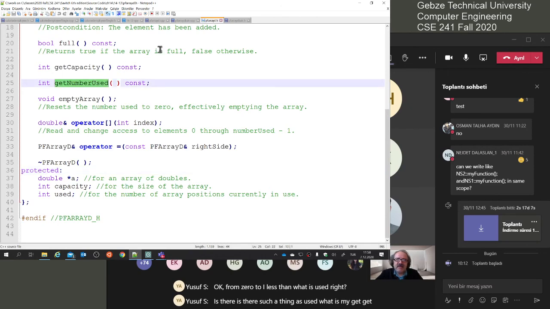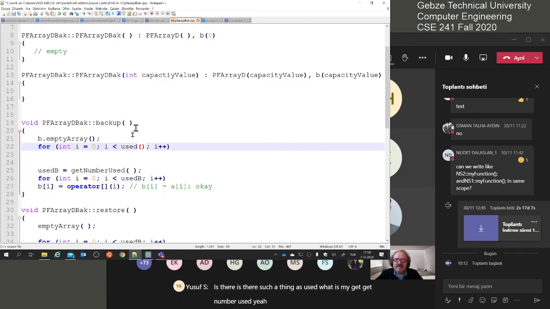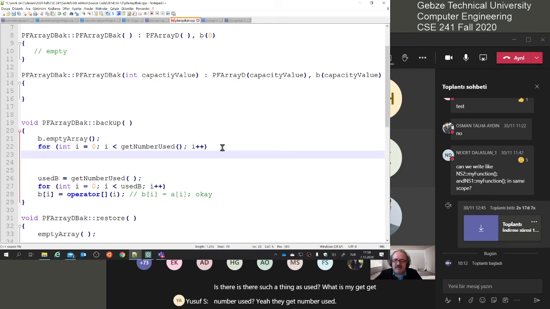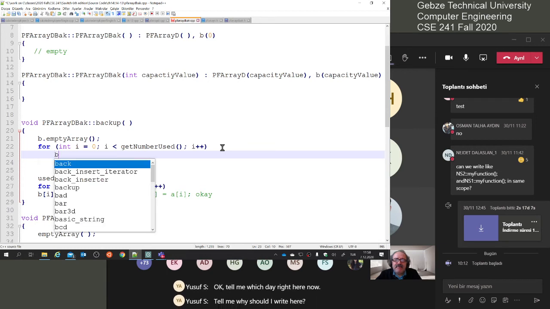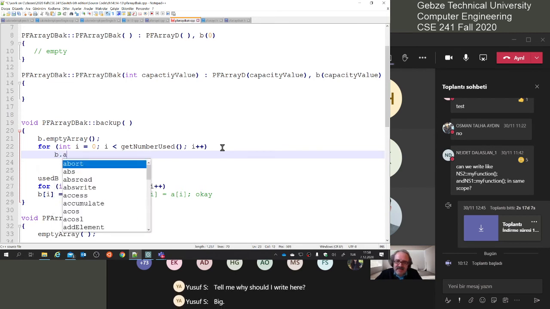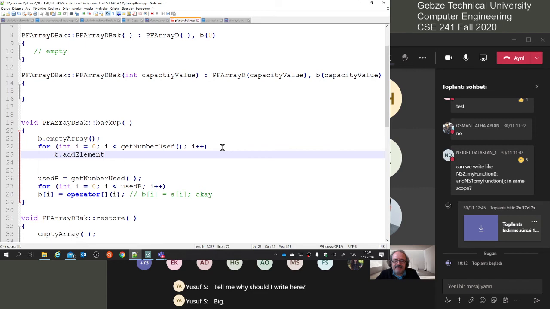Yeah, the get number used. Tell me what should I write here now? B dot, yes, add element. Exactly.